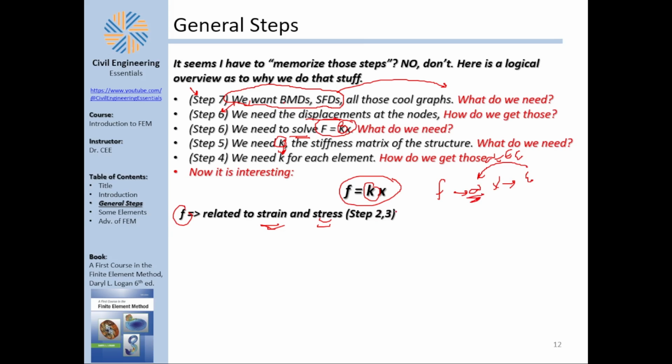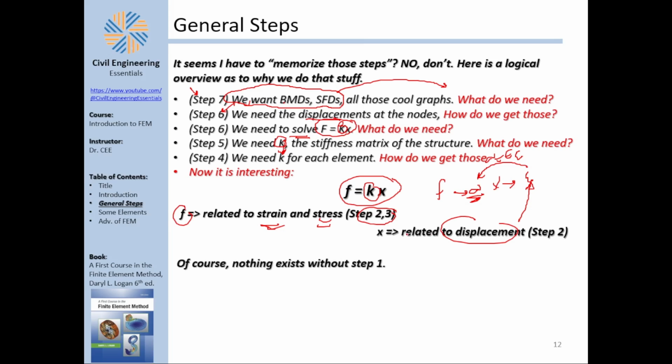And that's the reason why steps 2 and 3 were important, because in 1 you are assuming a displacement function, and in 2 you are trying to find the stress-strain and displacement-strain equations. What about X? Well, X is related to displacement, which is in turn related to the strain, and that's the reason why I needed step 2. So you see, those steps are not just something memorized, those steps are something that should make sense to you.